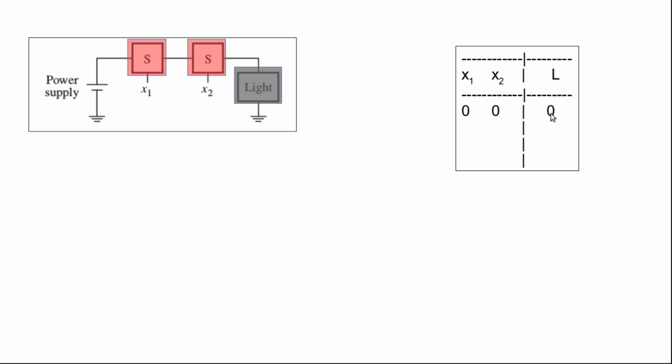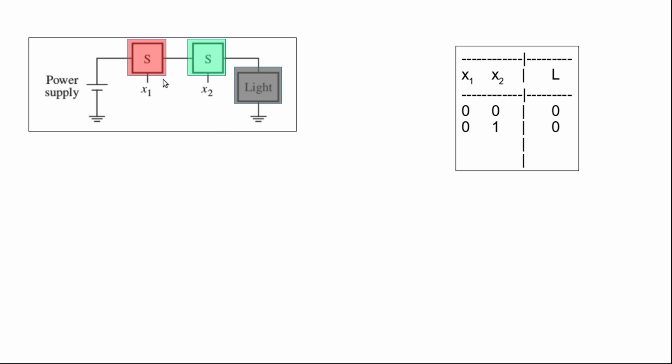Now if we turn the switch x2 on, this will be the situation. Switch x2 is on, but switch x1 is off, and since this switch is off, this path will be broken here, and hence there will be no flow of current.